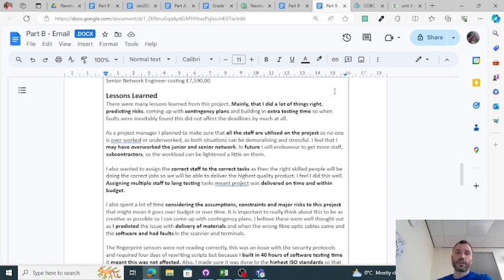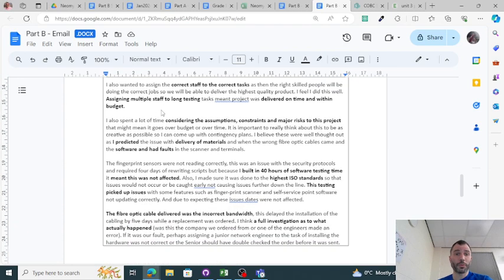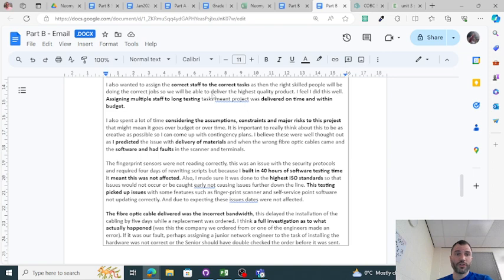I don't think I need to go through this again because I've just said it, but I want Mr. Newbrook to know that I did a lot of things right, so I highlighted it. I predicted the risk, had contingency plans. I utilised the staff well, but I might have overworked them, so I want to hire subcontractors in future. I assigned the correct staff to the correct jobs, multiple staff to many longer tasks.